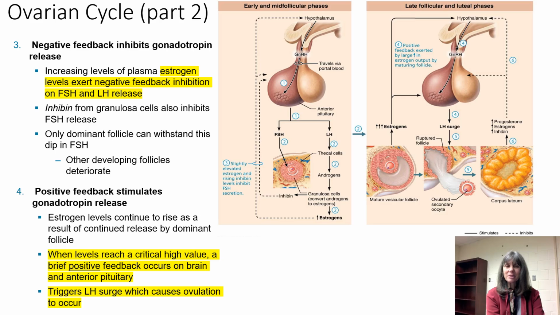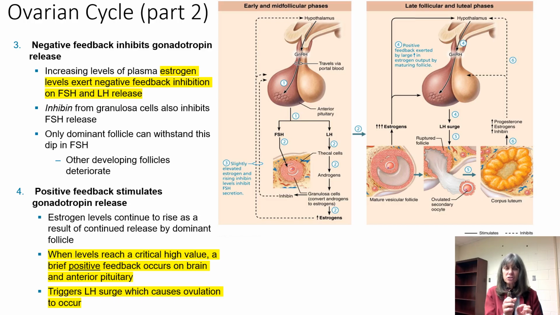Positive feedback stimulates gonadotropin release. So as estrogen levels continue to rise as a result of continued release of estrogen from that dominant follicle, when those estrogen levels reach a critical high value, there is a brief positive feedback that occurs on the hypothalamus and the adenohypophysis.